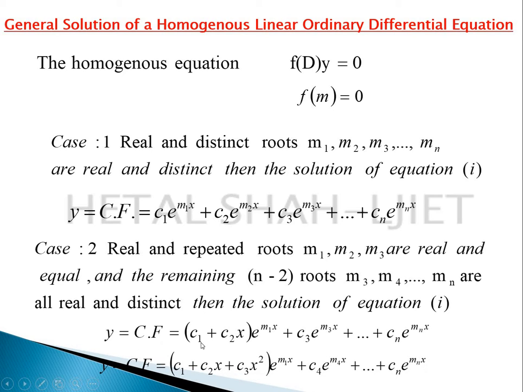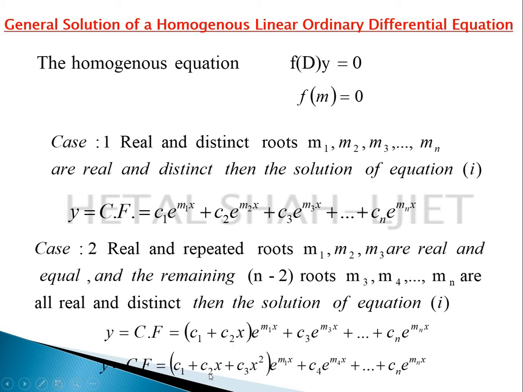Then m1 is equal to m2, so we can write C1 plus C2x e raised to m1x, and m3, m4 up to mn are distinct roots, so we write as in case 1: C3 e raised to m3x plus C4 e raised to m4x up to Cn e raised to mnx. The first two roots are repeated, so we write C1 plus C2x e raised to m1x.